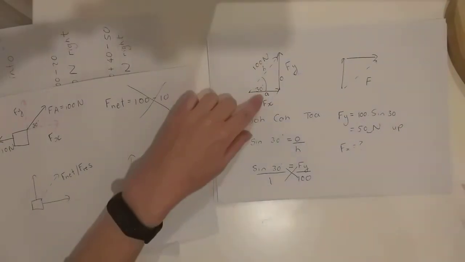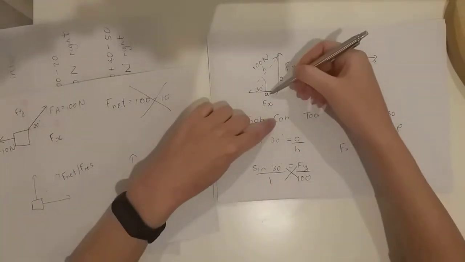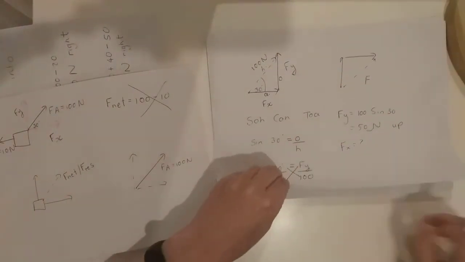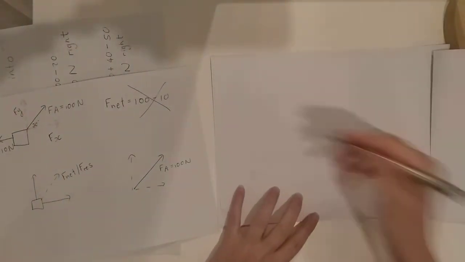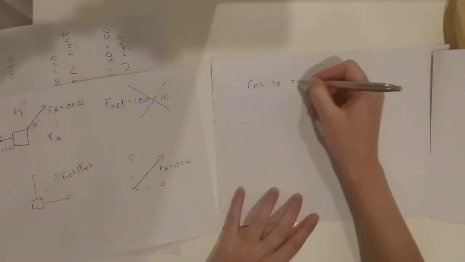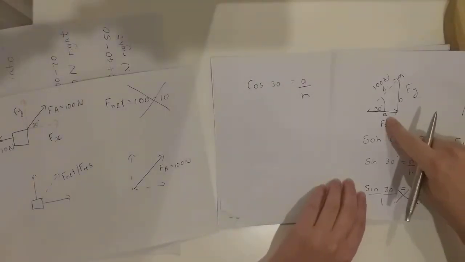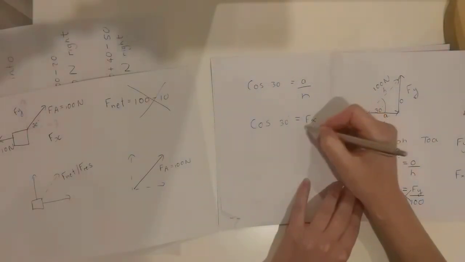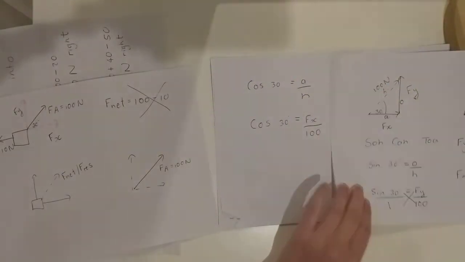we are going to say that we want the adjacent and we have the hypotenuse. So we're going to do it as cos of 30 is equal to adjacent over hypotenuse. So the adjacent is what I want. So cos of 30 is equal to Fx over the hypotenuse, which is 100.